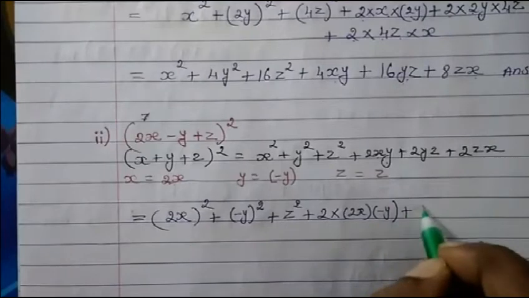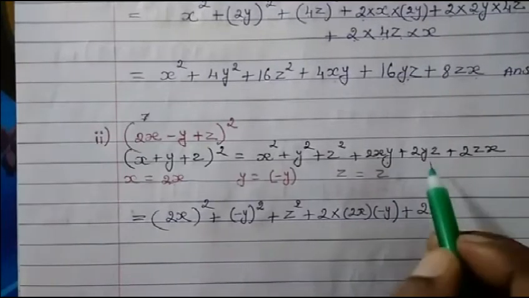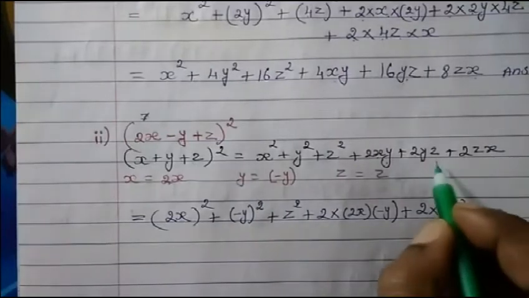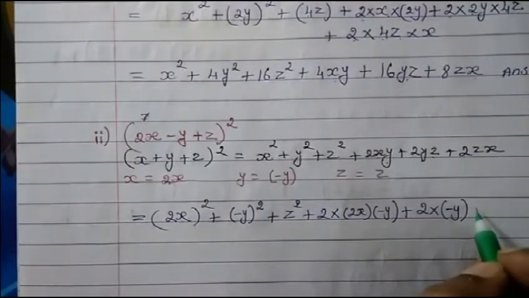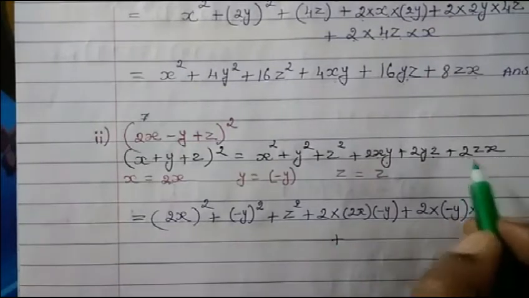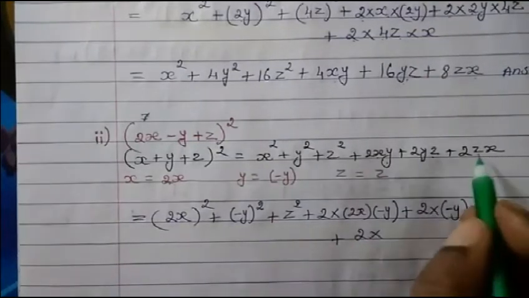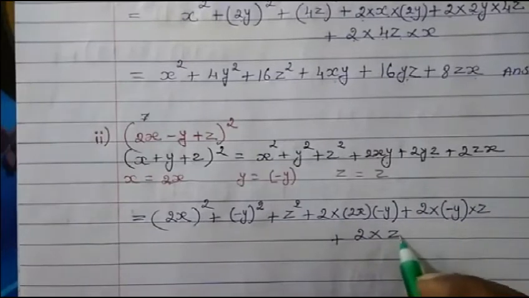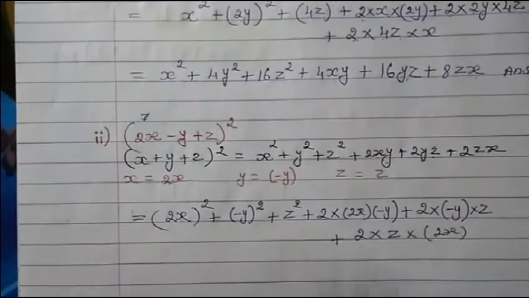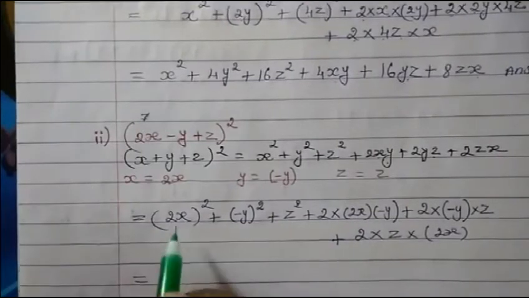So now plus, again this 2 we write as it is. Now in the place of y we have minus y, and in the place of z we have z. Then plus in the place of 2 we'll write 2, z is z only, and in the place of x we have 2x.